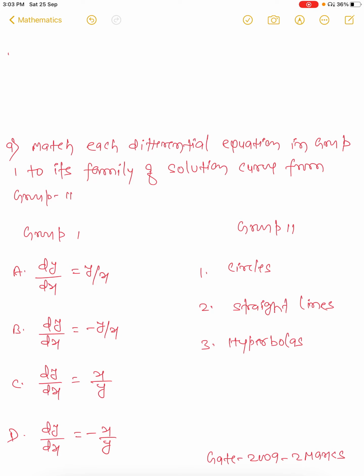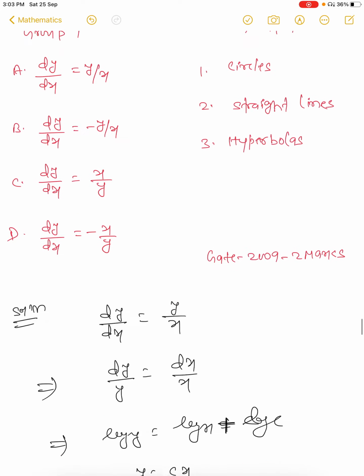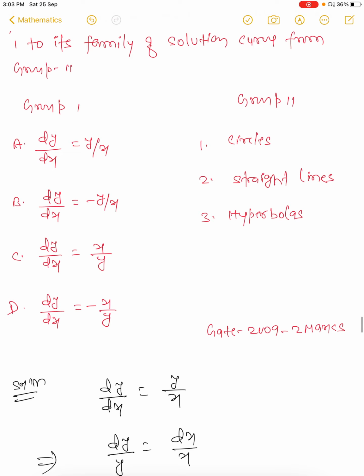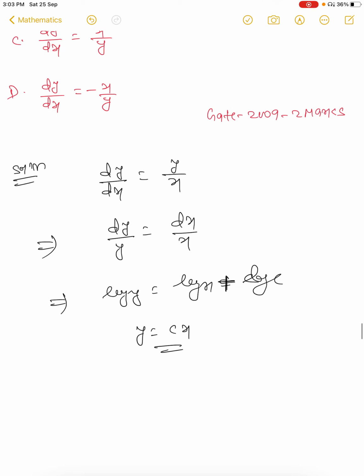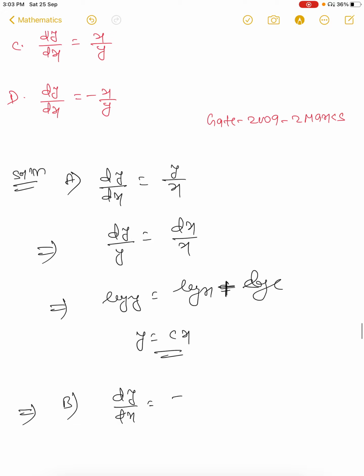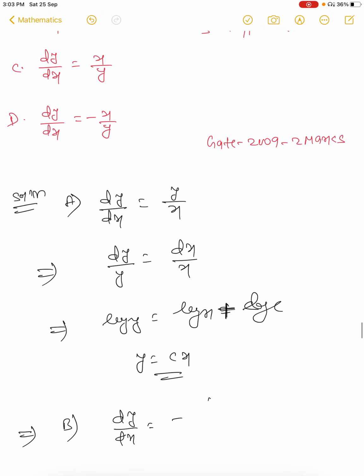Next, for the second, dy by dx equal to minus y by x.